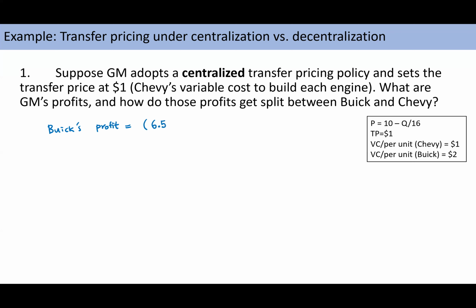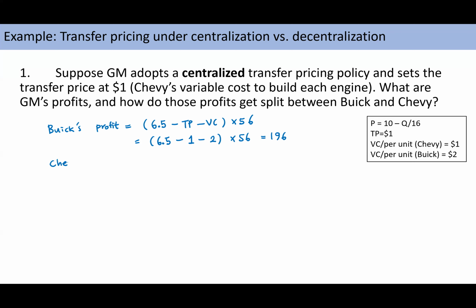Buick would get $6.5 for each car, but they have to pay the transfer price to Chevy for the engine, and they have their own variable cost per unit. They'll be selling 56 cars. We know that GM set the transfer price at $1, and Buick's variable cost per unit was $2. So if we multiply that by 56, we find that Buick's profit will be equal to $196.